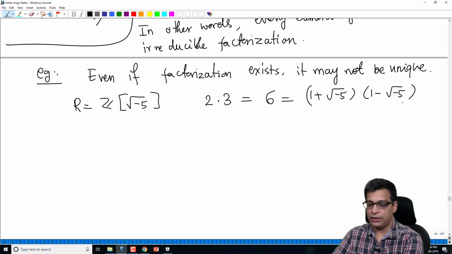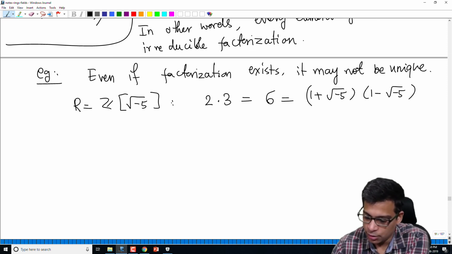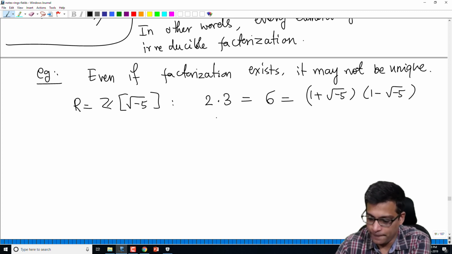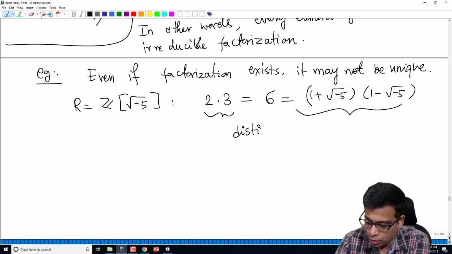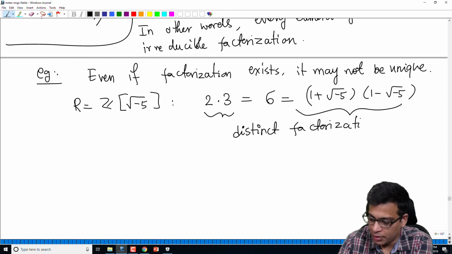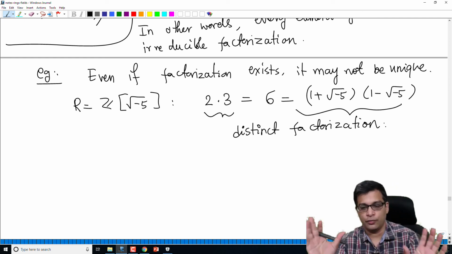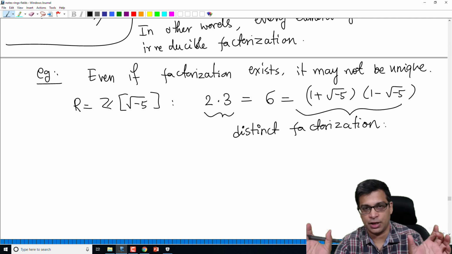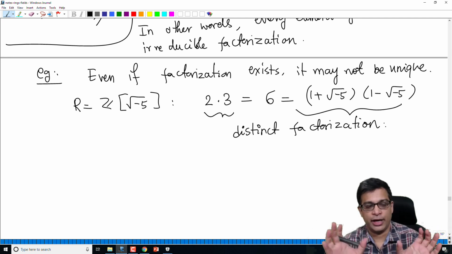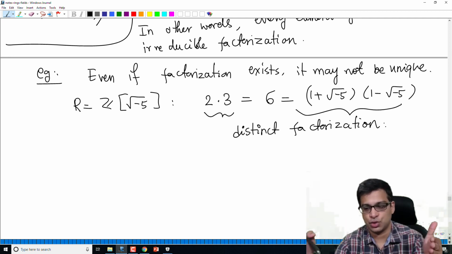So what I will leave for you is to show that these are distinct. They are actually not the same as I defined earlier. When do we call two factorizations the same? The number of irreducible factors that appear is equal, and up to reordering they are associates of each other.